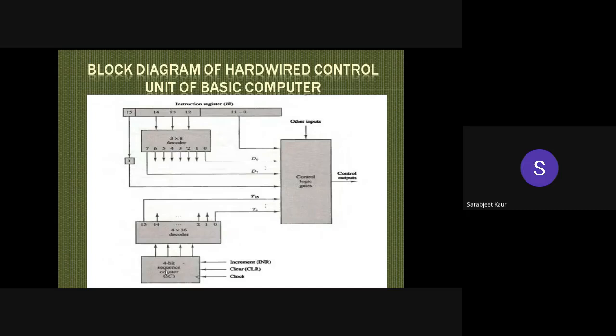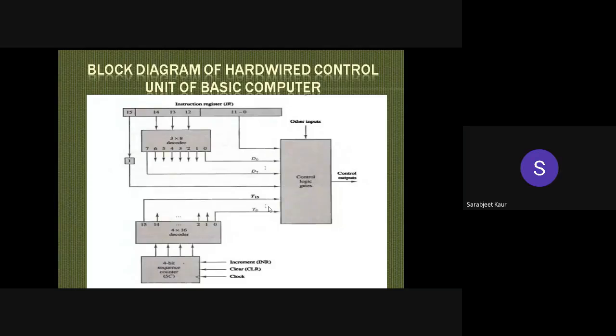When it counts 0001, assuming it is a 4-bit sequence counter, then the time signal that would be generated would be T1. 0010 would be T2, and so on and so forth.